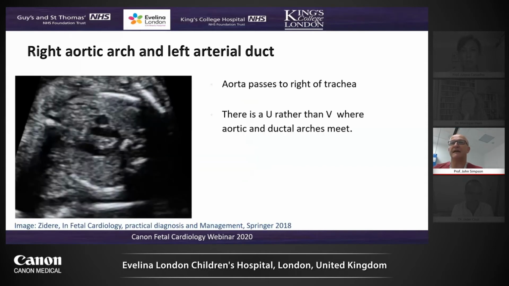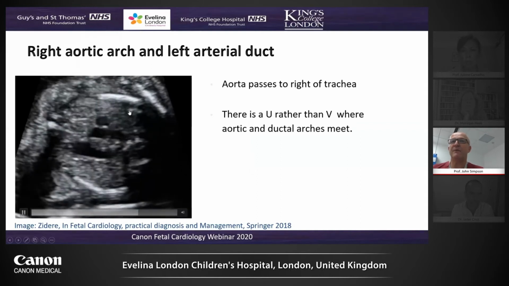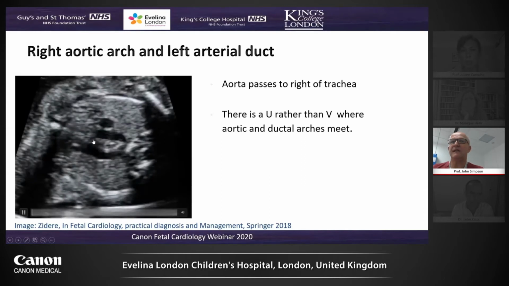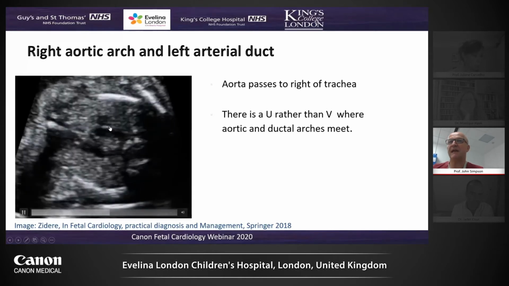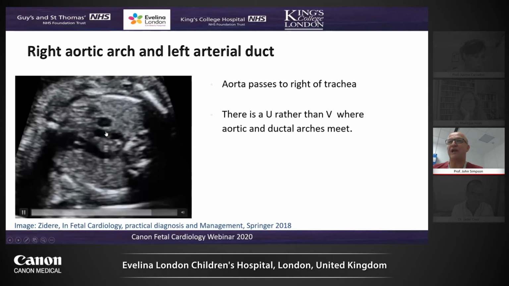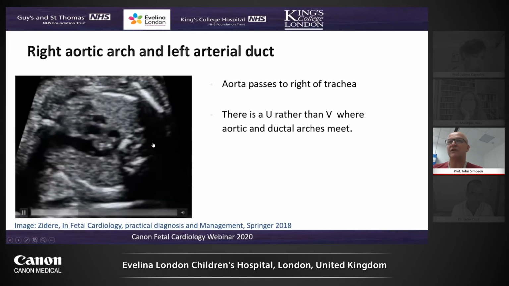So when you look at this, this is a view of the upper mediastinum. You're seeing the SVC. You're now seeing the right aortic arch, a left arterial duct, and the trachea is now between these vessels. So this is the right arch, left duct, and this makes, rather than a V, a U shape of these vessels where those arches meet behind the trachea.